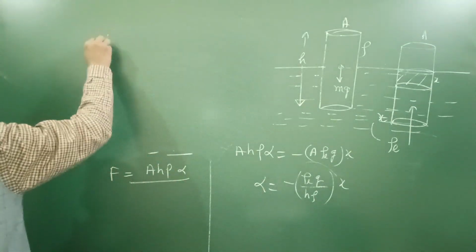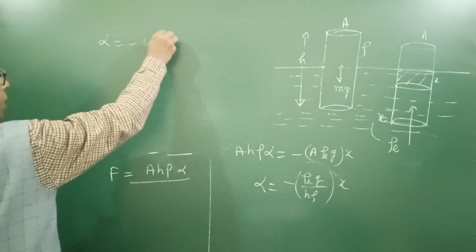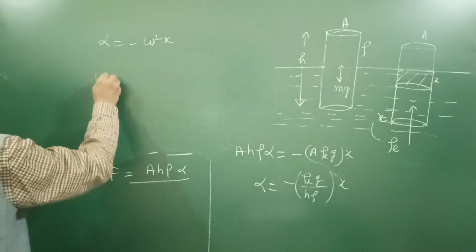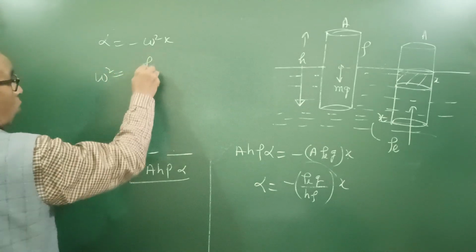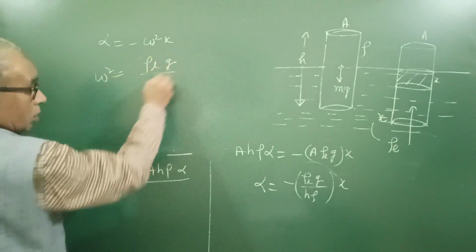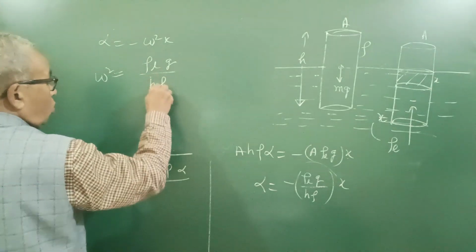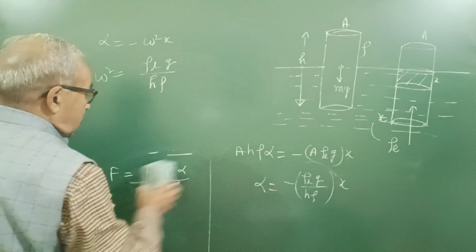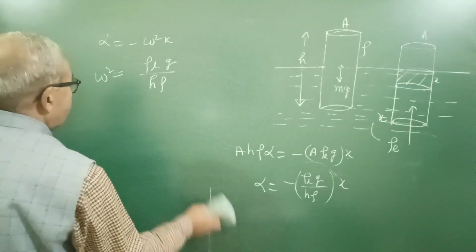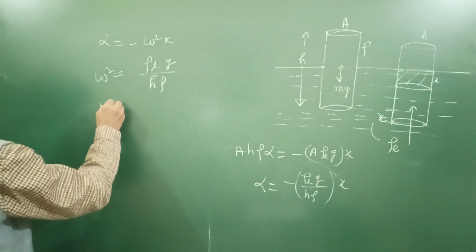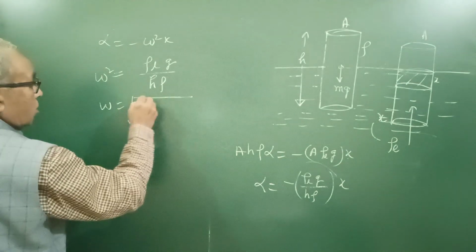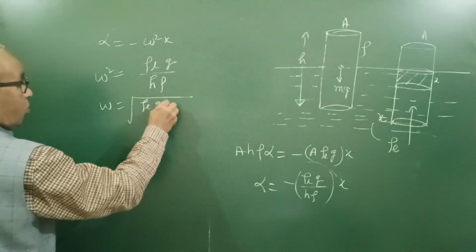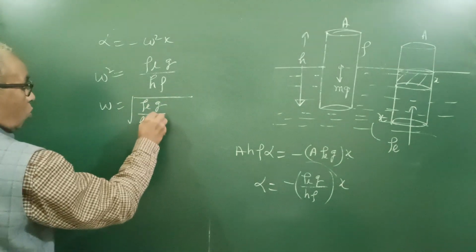Comparing it with alpha equals minus omega square x, we get omega square equal to rho L g upon H into rho. What is H? Height of the cylinder. Rho is density of the cylinder. Rho L is density of the liquid. So omega equals under root rho L g upon H into rho.